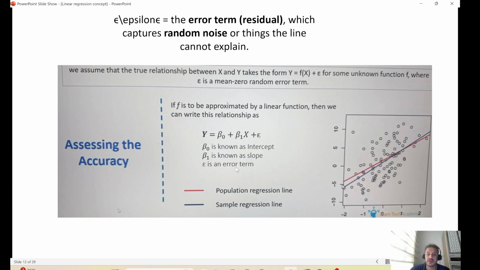It is called the error term. The error term captures the random noise, or things that the line cannot explain. So this is the linear regression model, and this is the population regression line, the red line, which you cannot see. It captures the random things that you do not understand in your data.